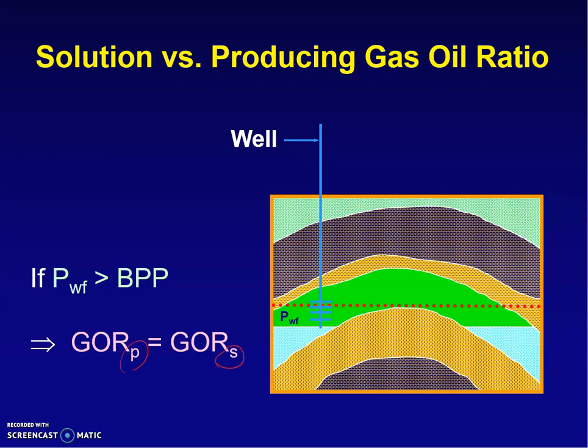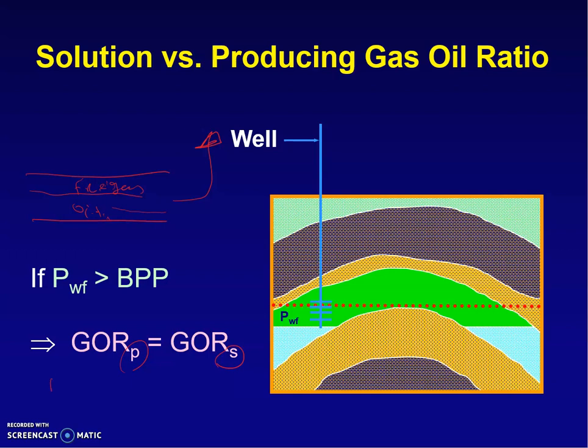Now, if you have a reservoir in which you have some oil and also some free gas, then the gas you produce at the surface is the gas coming out of the oil as well as the free gas, and that is called the producing gas oil ratio.